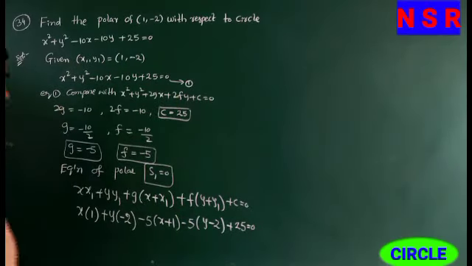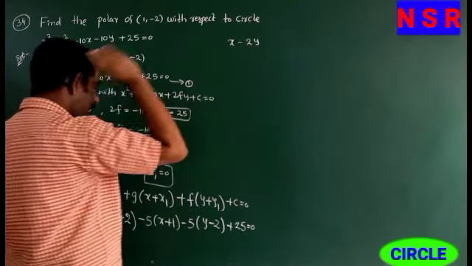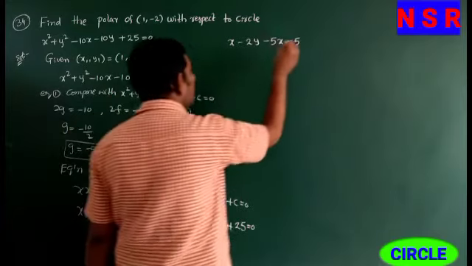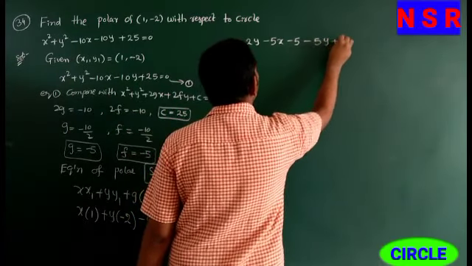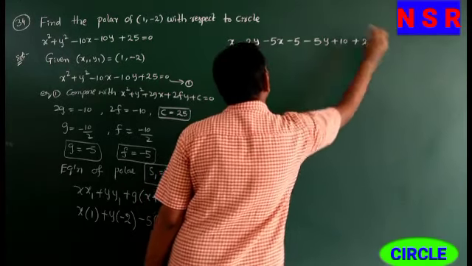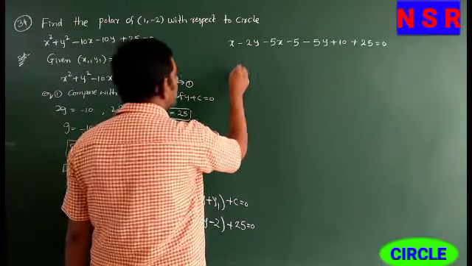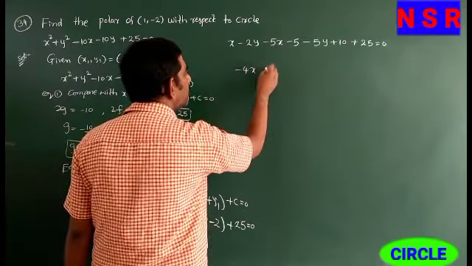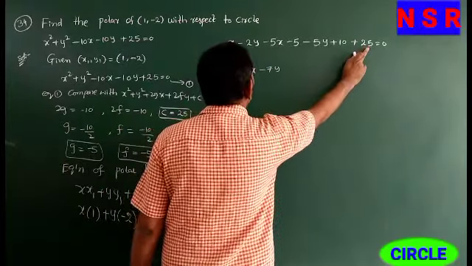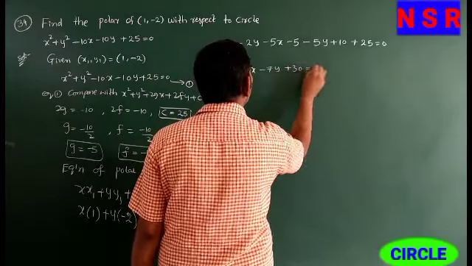So x - 2y - 5x - 5 - 5y + 10 + 25 equal to 0. So x - 5x is -4x, -2y - 5y is -7y. So 25 + 10 is 35, minus 5, plus 30 equal to 0.